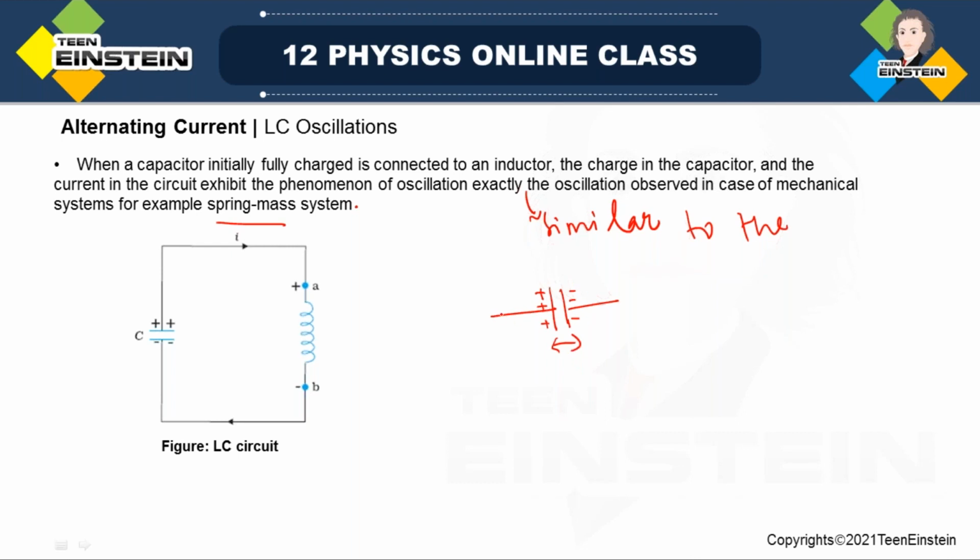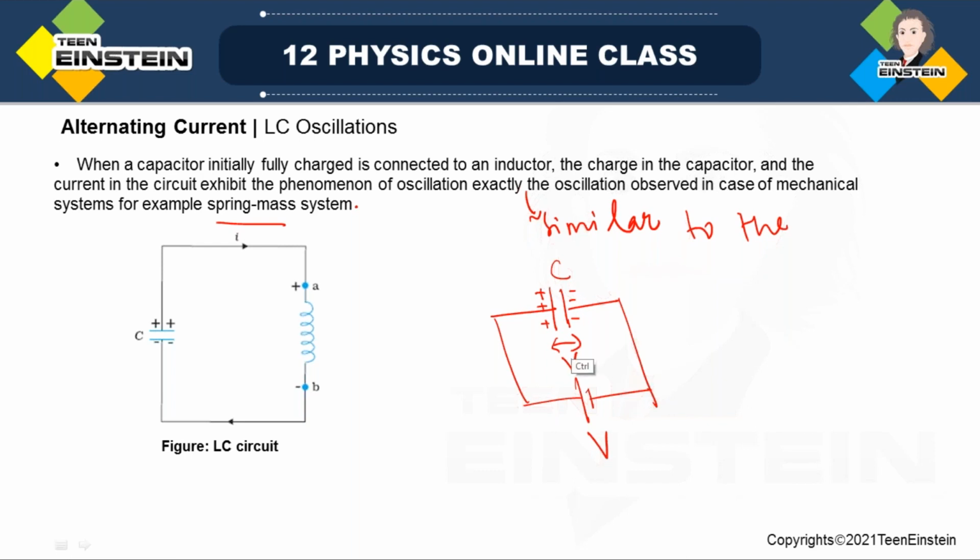If you charge this capacitor with a DC battery, then we have learned in the previous classes that if the voltage of this battery is V, after this capacitor gets fully charged, the potential difference across the plates will be exactly equal to the battery voltage, that is V.